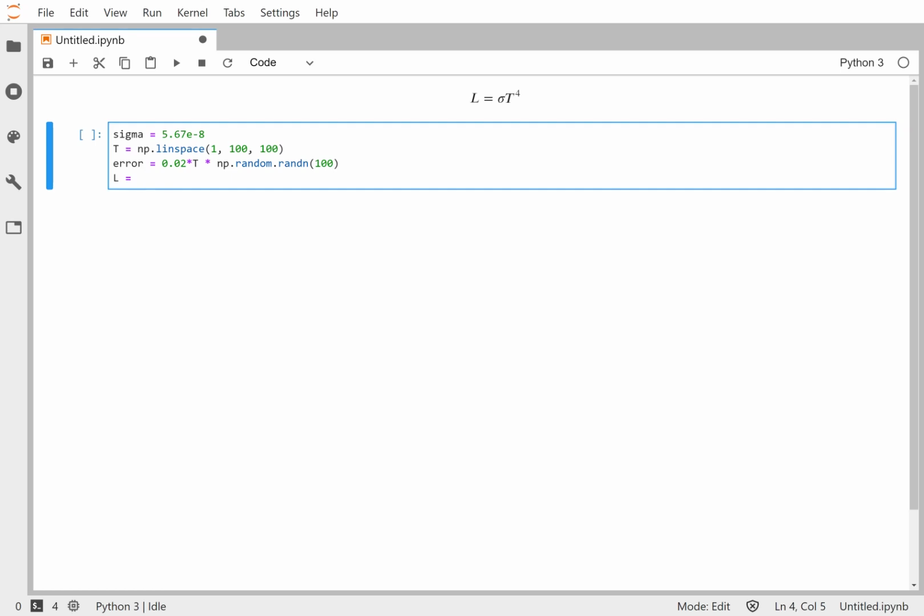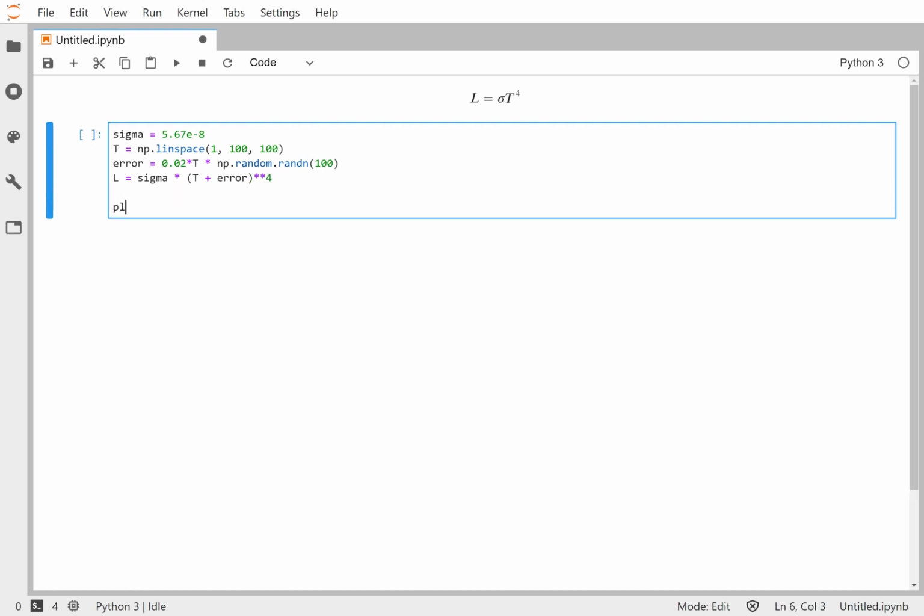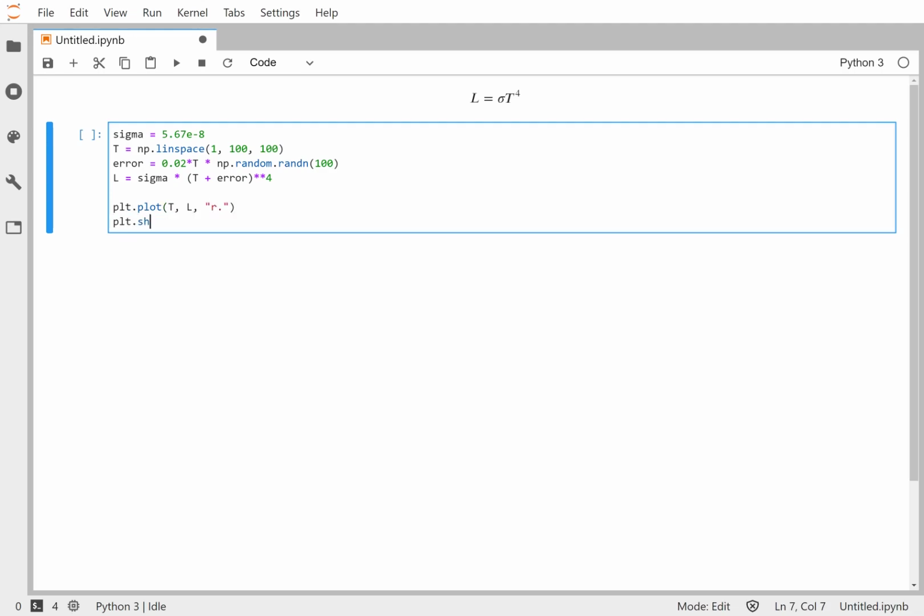So this would represent something we'd measure in an experiment as sigma times T plus the error to the fourth. And let's just plot that to see what it looks like. So we're going to plot T, L, we'll do red dots, little dots this time, and plt.show.